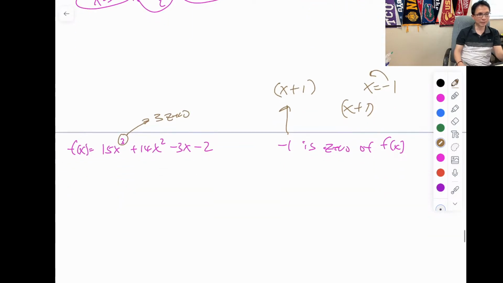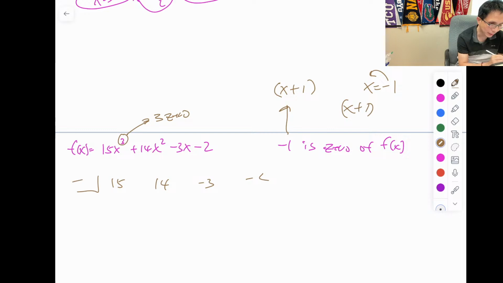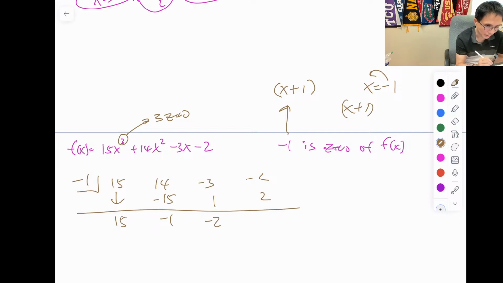Did you find the rest of the zeros? I can do 15, 14, -3, -2. I'm going to plug in -1 here. That's going to give you 15, -15, -1, 1, -2, -2, 2, 0.